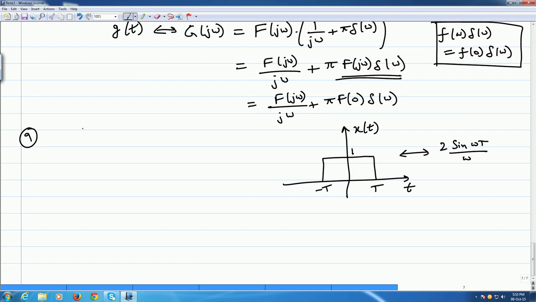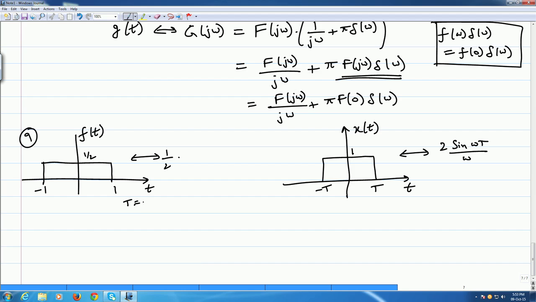Now, you have f of t which is given in the problem as a signal which is half from minus 1 to 1. This is f of t. Now, this will Fourier transform by using this formula. In this formula, we first multiply by half because this amplitude is half rather than 1, and then the capital T is equal to 1.